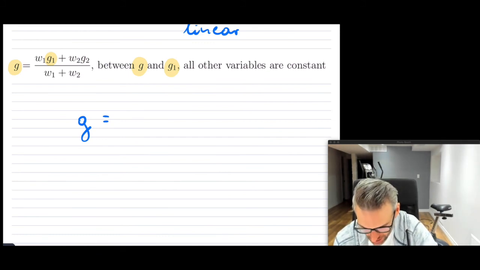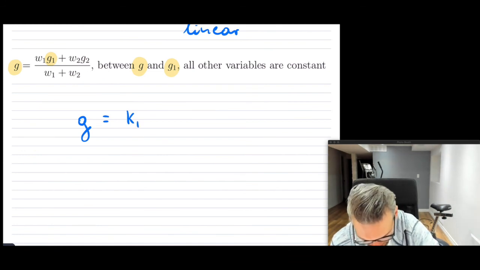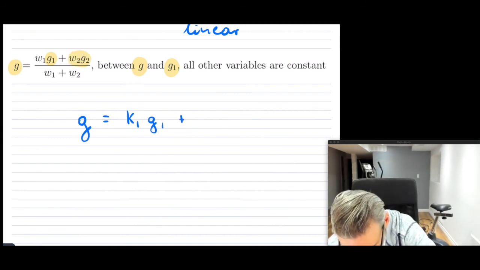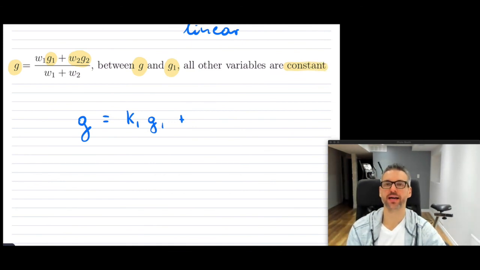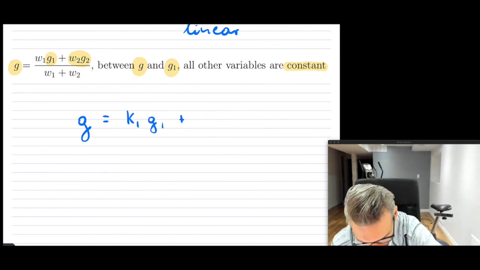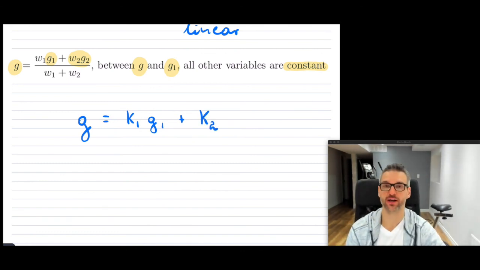I'm going to assume W1 is some constant, so it's some constant K1. G1 is what I am trying to relate it to, plus. Now, these two are constant, so that means I can multiply them. It's like I'm assuming I know the numbers, so it's just some number that I have. This would have been like constant K2. And you can put numbers in there if you like, to make it a little bit easier to see.